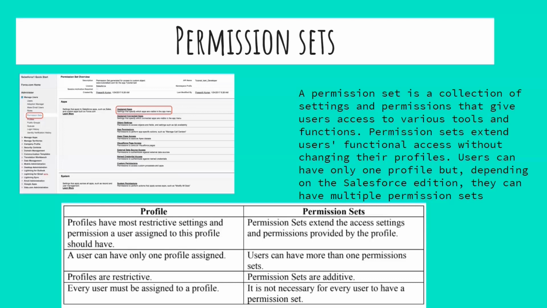It totally depends on whether we need to give access permissions to that user, or we are going to use a permission set to provide them. The next point is that profiles are restrictive, meaning it is mandatory that we provide a profile to a user, while permission sets are adaptive, meaning if we need it then we can provide it, otherwise we can ignore permission sets for the user. Every user must be assigned a profile, and it is not necessary for every user to have a permission set.